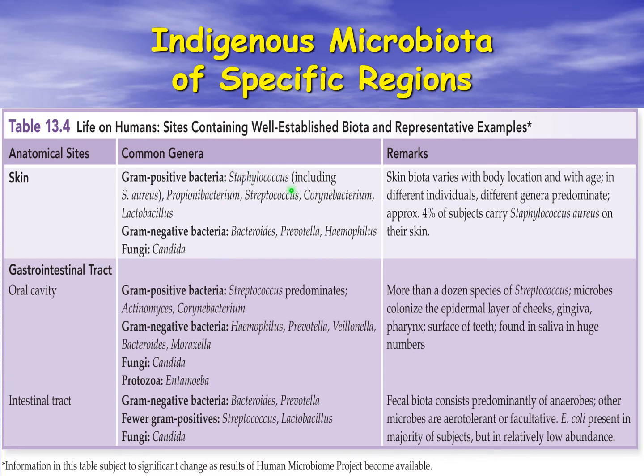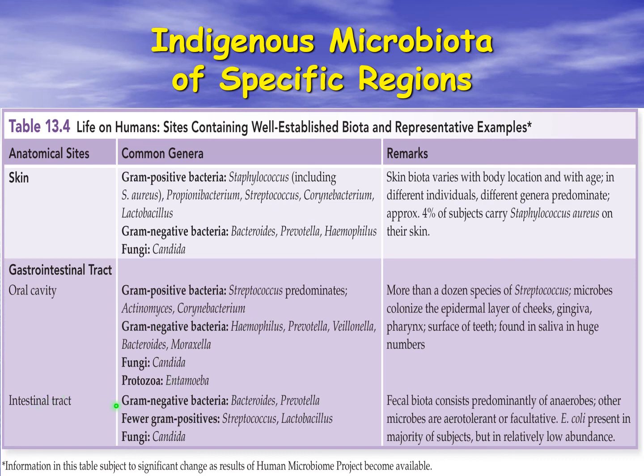So we have staph, including Staphylococcus aureus, but Staphylococcus epidermidis is the primary staph we see on the surface of the skin. In the oral cavity, there's a whole slew of organisms that can be found.